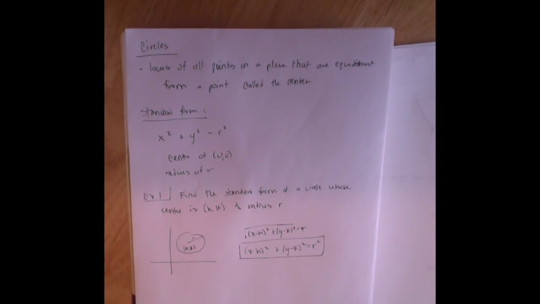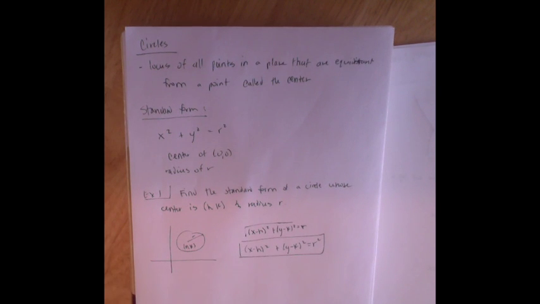That is the equation for a circle who has a center of HK and a radius of R. Now, the standard form that we had, x squared plus y squared equals r squared, had a center of 0, 0. This is what we will use if we have a center of HK.